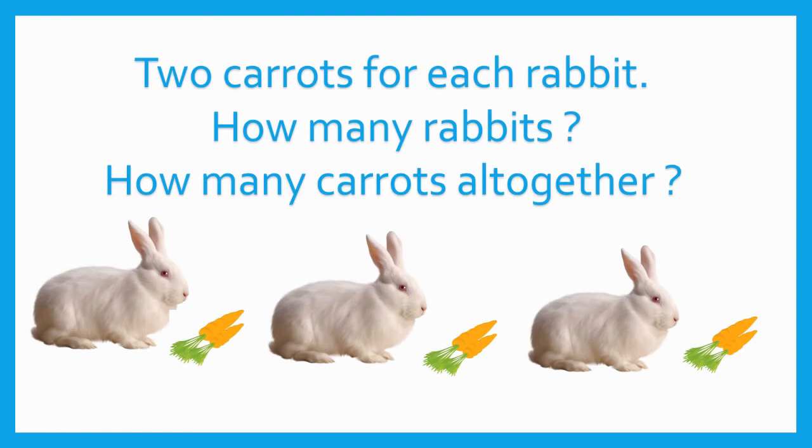Now children, we can see another example. 2 carrots for each rabbit. How many rabbits and how many carrots all together? There are 3 rabbits.